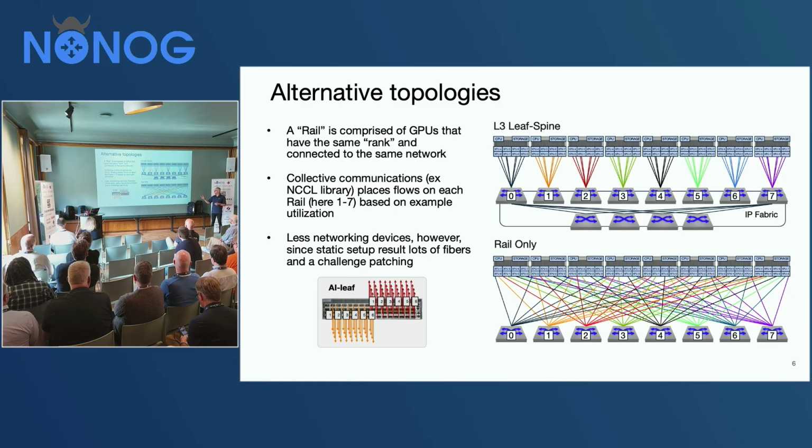And for them to communicate, if GPU 0 in a rail, for example, should talk to another GPU 0, they just have one hop through a leaf switch. They are connected to the same leaf. But if GPU 0, for example, should talk to GPU 7 on another server, they will go to the GPU 0 on that server and then use the internal network to go to the GPU 7.